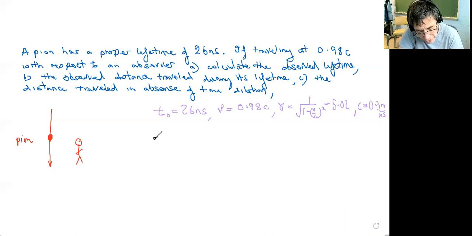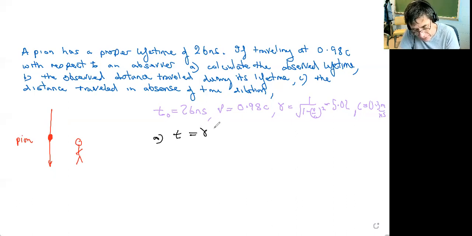Okay, first question. What is the lifetime of the pion as observed by the observer, who's seeing a moving pion at 98% of the speed of light? So this is going to be a time-dilated lifetime. The pion's going to live longer. Its clock ticks slower. That 26 nanoseconds gets stretched out.